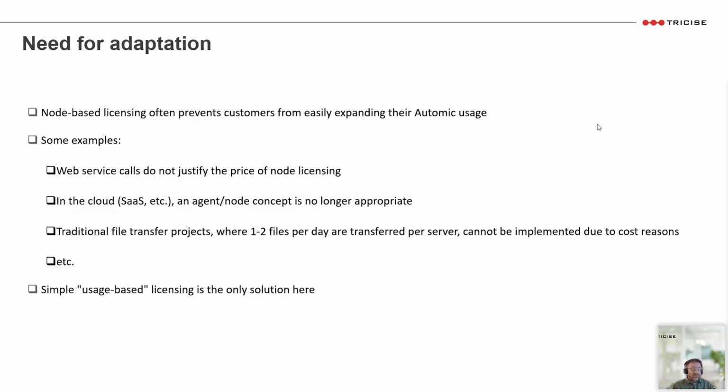This no longer fits today's situation because a web service call usually does not justify the price of a node license. Just to run file transfers. If you have a handful of file transfers you need to run on a daily basis, do you want to pay for the node for the machines, or is it better to pay per execution?